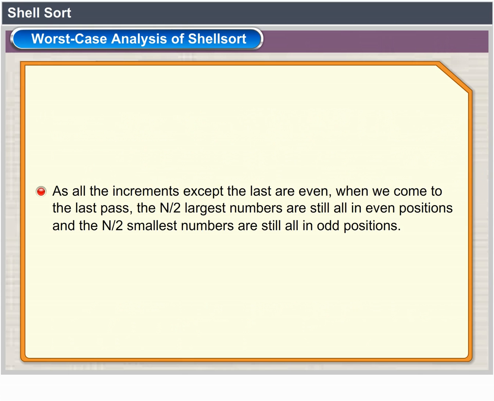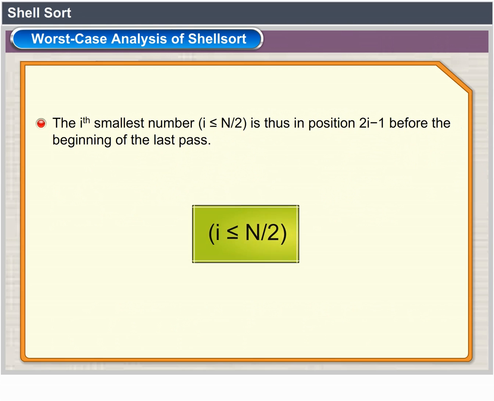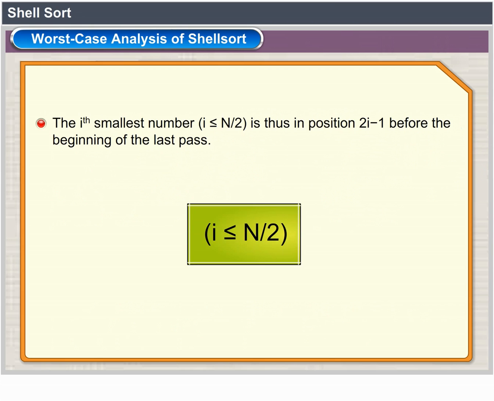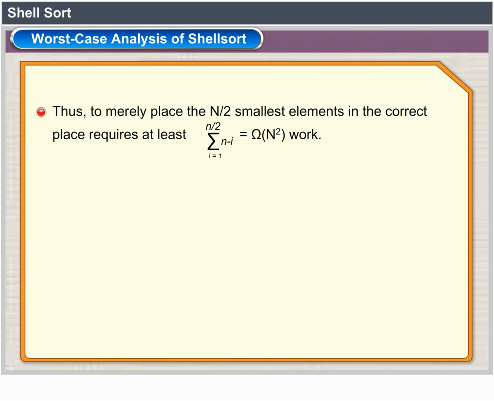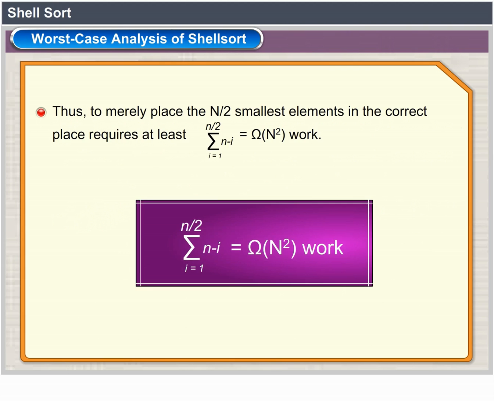The ith smallest number, i less than or equal to n/2, is thus in position 2i-1 before the beginning of the last pass. Restoring the ith element to its correct place requires moving it i-1 spaces in the array. Thus, to merely place the n/2 smallest elements in the correct place requires at least the summation of (i-1) for i equals 1 to n/2, which is Ω(n²) work.